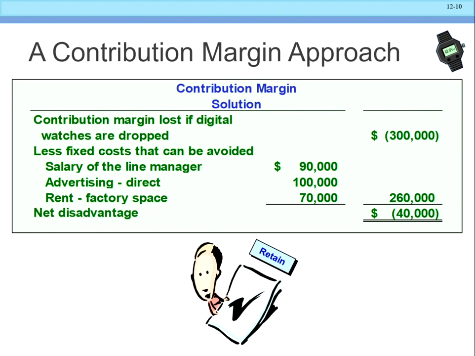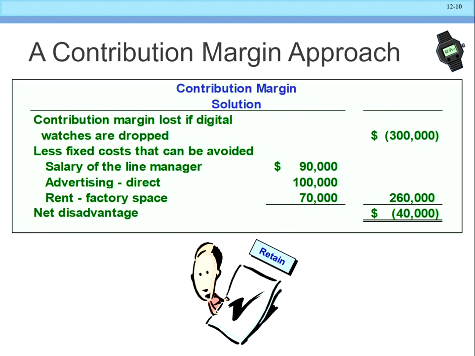They will be able to avoid the salary of the digital watch line management. The manager of the division will not be required, therefore we'll save the 90,000. Then we have direct advertising. When this division is closed, we don't need to advertise, so we'll save the 100,000 as well.